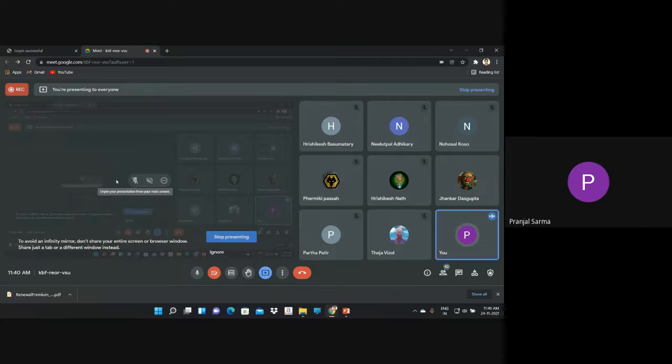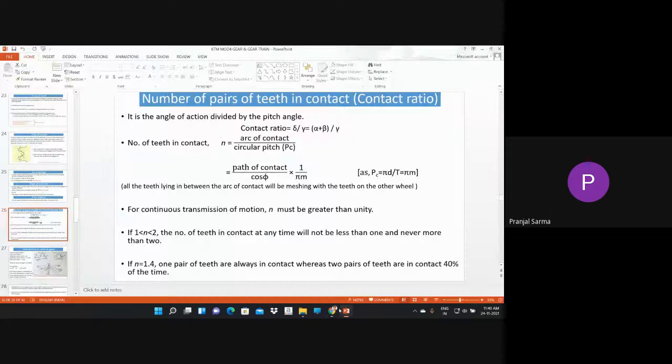Had it been 2.4, then three pairs would be in contact for 40% of the time. Understood? Is it clear now, others? Yes, sir. Okay.